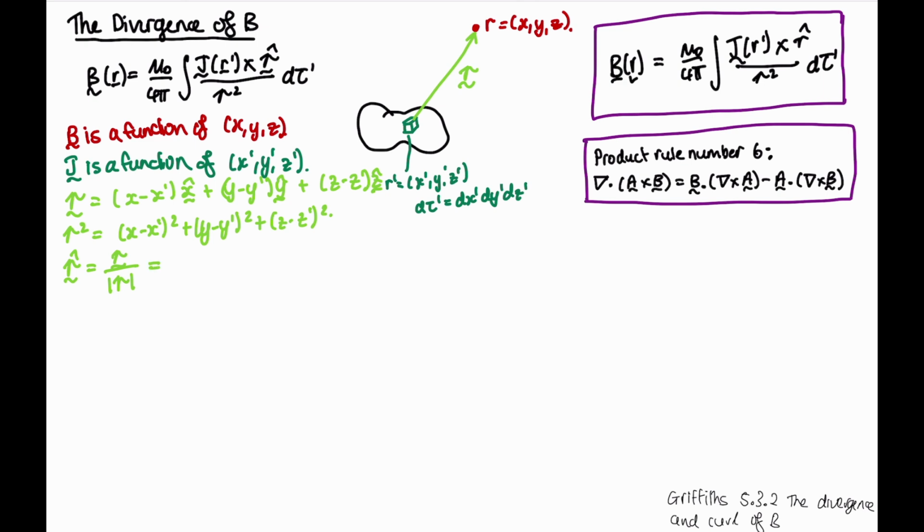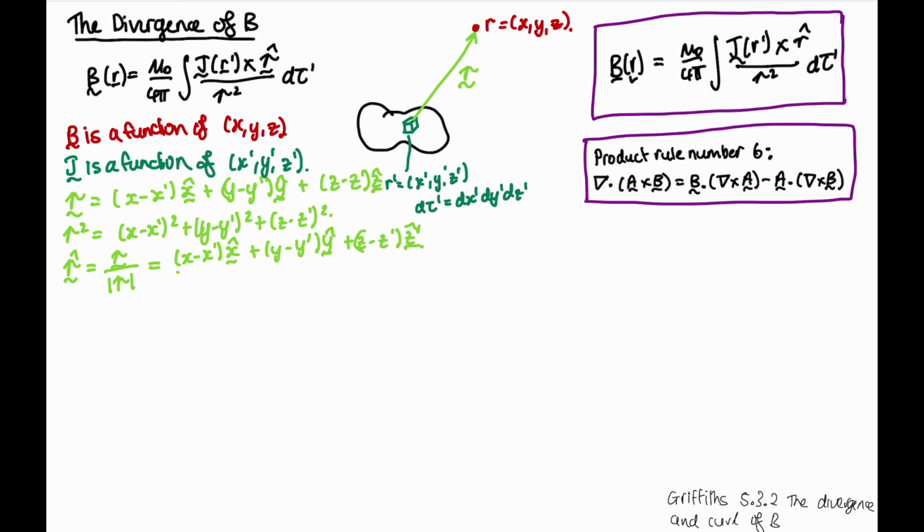And so we can write this down as x minus x prime x hat plus y minus y prime y hat plus z minus z prime z hat. That's hat, not prime.